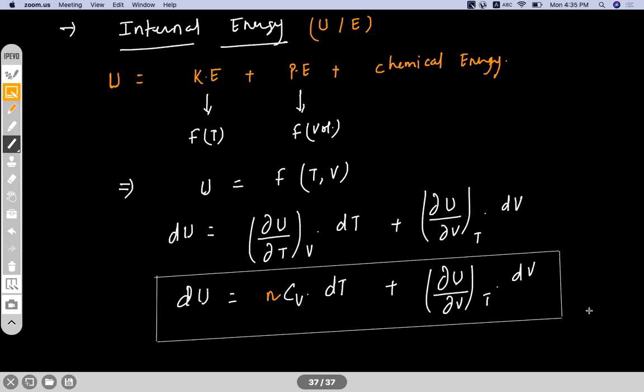You must have seen it. That is nCvdT. Yes, correct. Only the nCvdT part was there. Where did you see this formula?